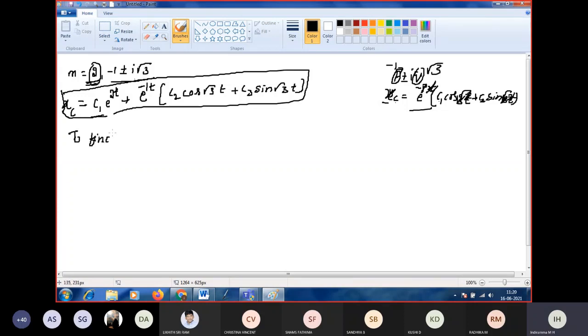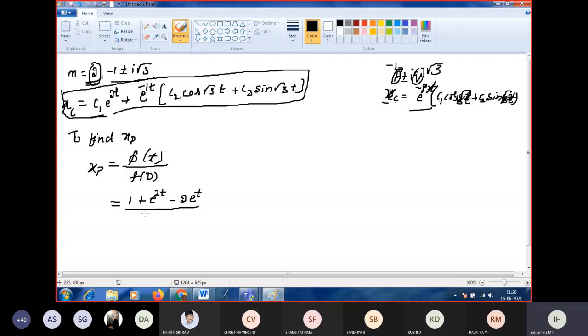Next, to find xp, consider xp is equal to, instead of phi of x we have phi of t divided by f of d. What is the RHS we have? What is RHS? 1 plus e to the power of 2t whole square plus e to the power t minus whole square minus 2 e to the power of t.